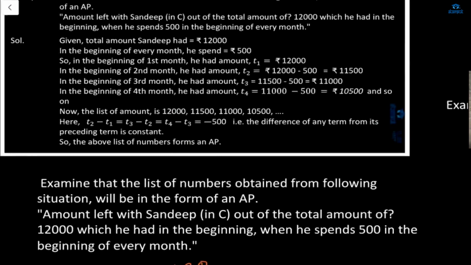So in the beginning of the first month, he's having the original amount, and in the beginning of the next month, he will spend 500. So what he will be having is 12,000 minus 500. Similarly, you will go for 3-4 numbers, and then you will prove that since the common difference is the same, that is minus 500, this is in AP.